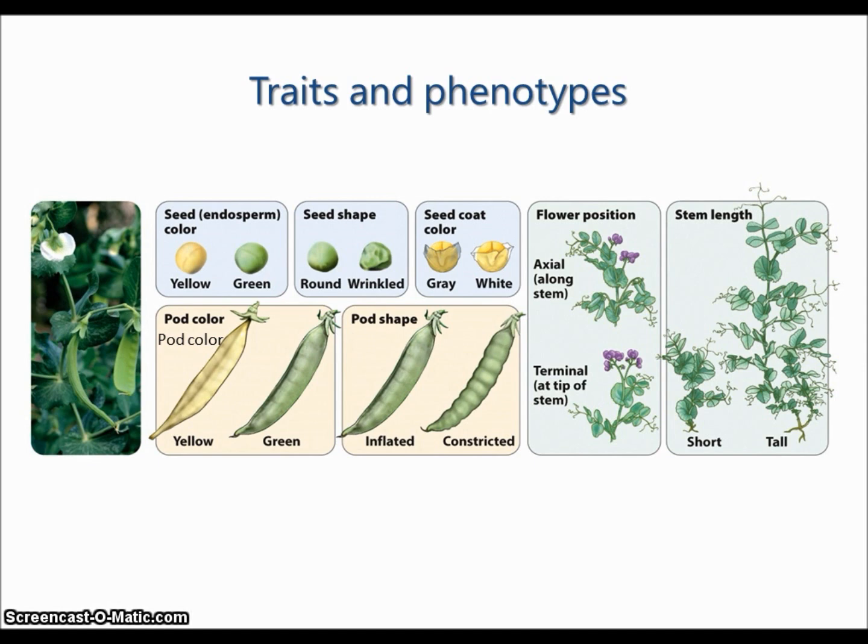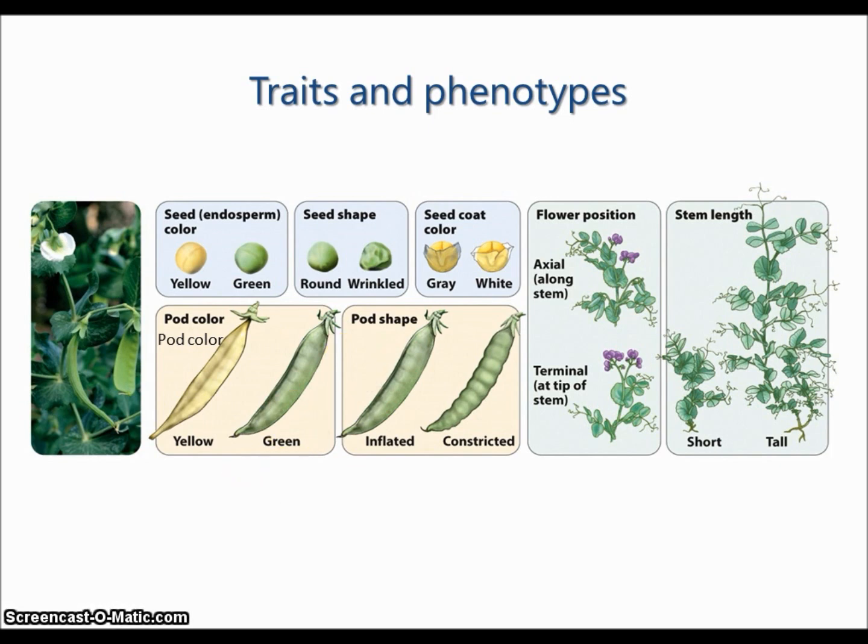Traits and characteristics are largely the same thing. Phenotypes are different. Phenotypes are variations of traits. So for example, Mendel examined a number of different traits in pea plants, including seed color, seed shape, coat color of the seeds, the pod shape, pod color, etc. We can also think of hair color, eye color, height.